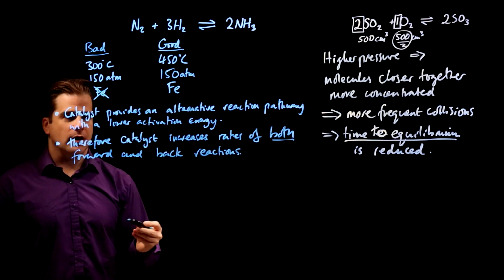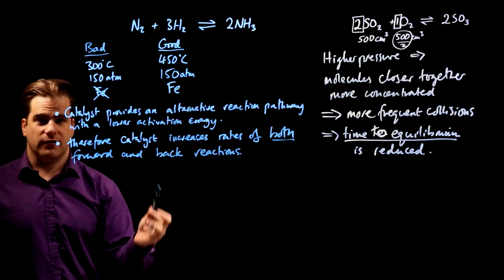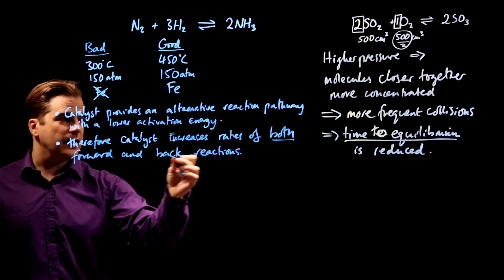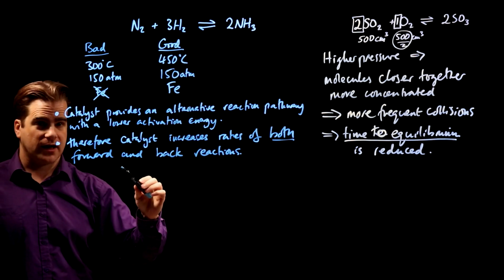Okay, so if you have a lower activation energy, you've got this new alternative pathway that the iron provides with a lower activation energy, that will increase the rate of both the forward and back reactions.